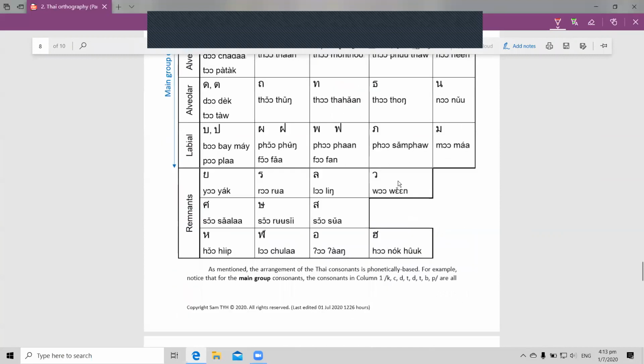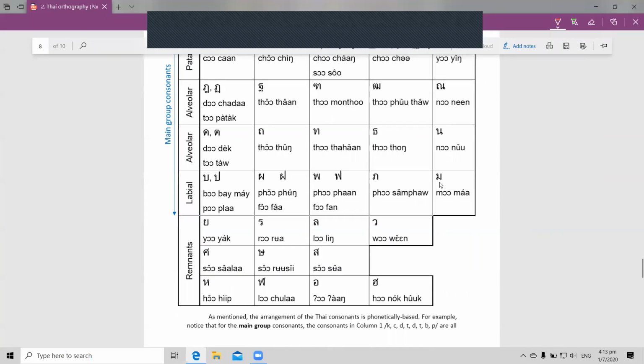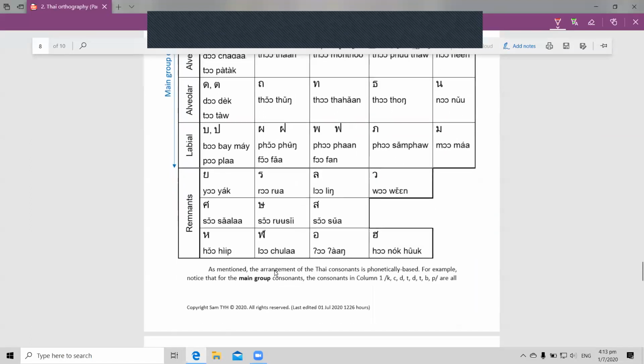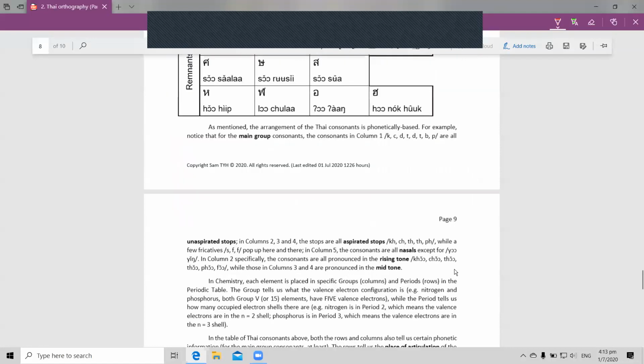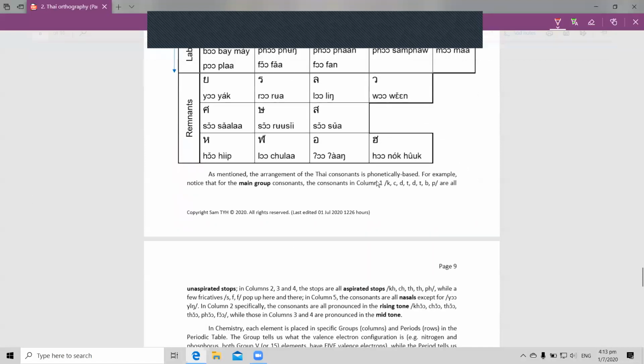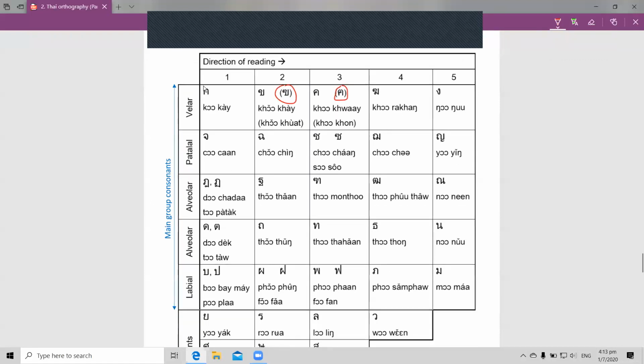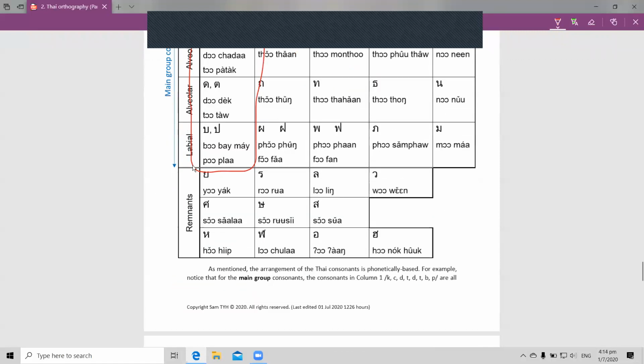So these are the consonants in Thai. As I've mentioned, the arrangement of these consonants is also phonetically based. So for example, we can observe some common phonetic traits. In column 1, all these are main group consonants, and all these are the remnant consonants.